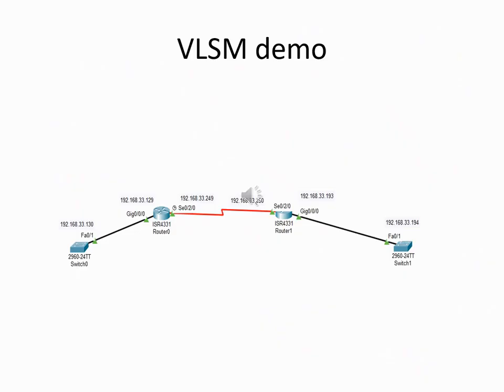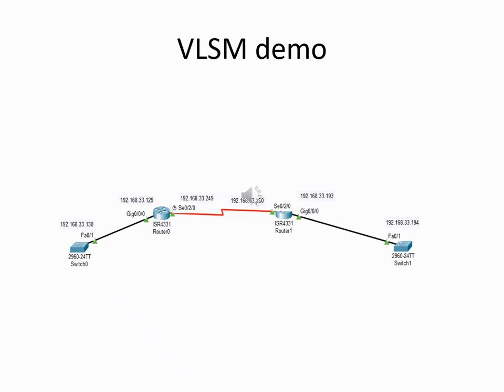Now after calculating all the IP addresses, I have taken the old diagram where I had two routers and two switches, right? So I have assigned IP addresses 129 and 130 in this interface, that is nothing but the gigabit interface, and I have assigned 248, 249 and 250 between the routers, that is nothing but the serial interface, and here I have assigned 193 and 194 for the other interface, which is nothing but the gigabit interface.